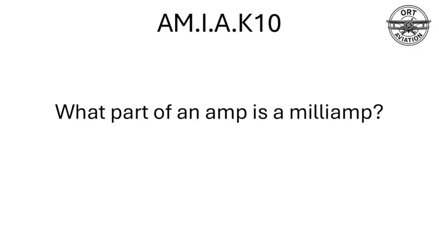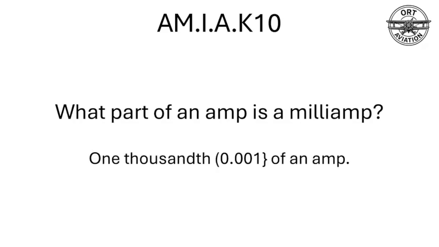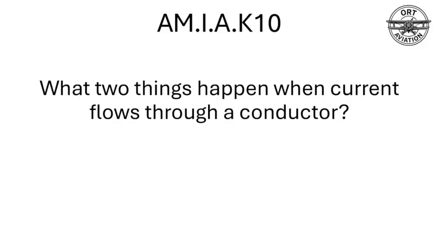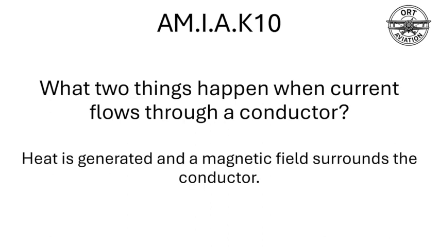What part of an amp is a milliamp? 1,000th of an amp. What two things happen when current flows through a conductor? Heat is generated and a magnetic field surrounds the conductor.